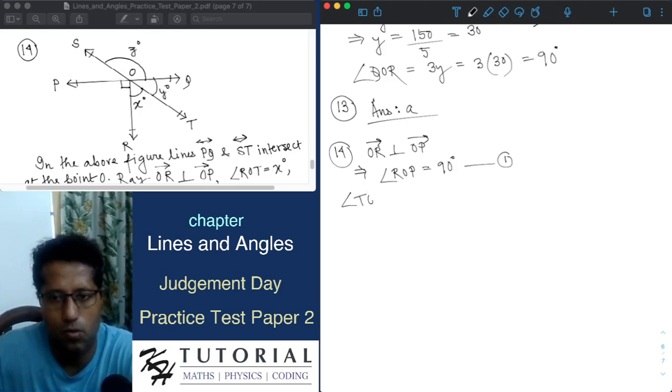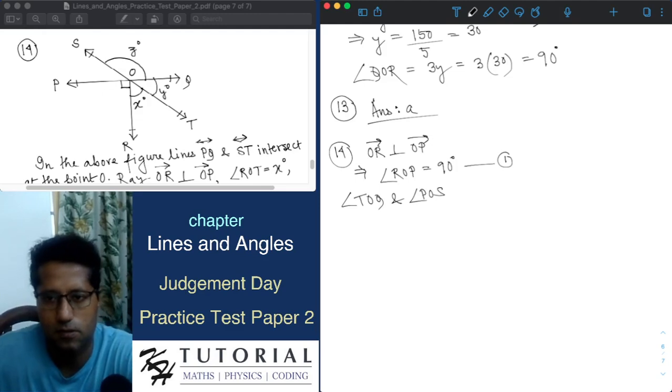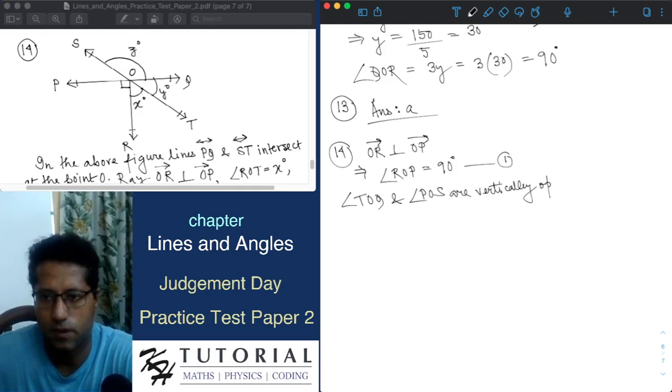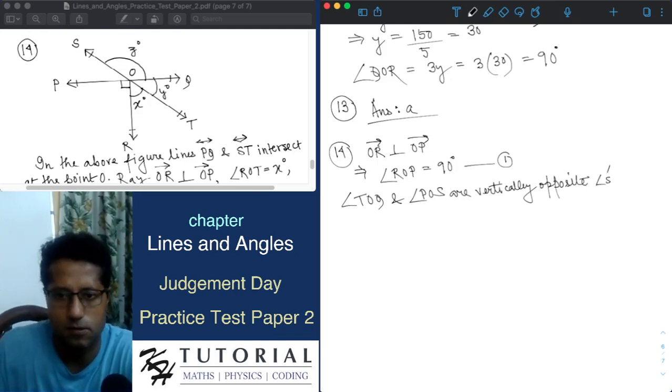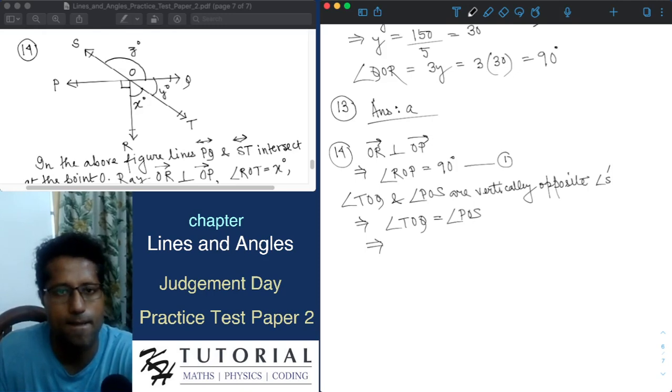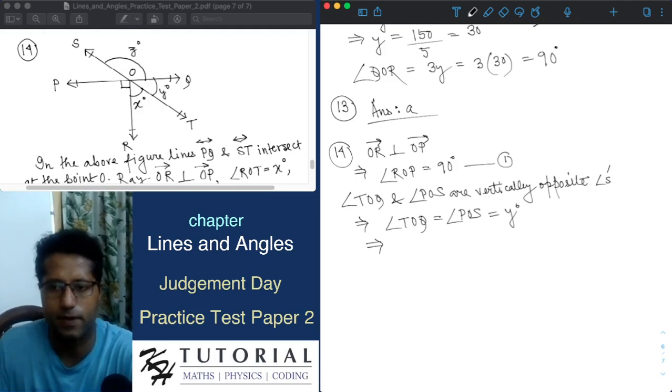Angle TOQ and angle POS are vertically opposite angles. This implies angle TOQ equals angle POS, which equals Y degrees.